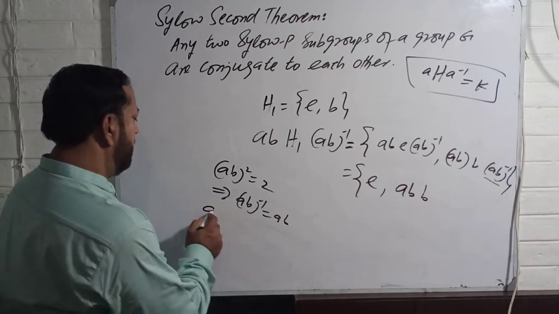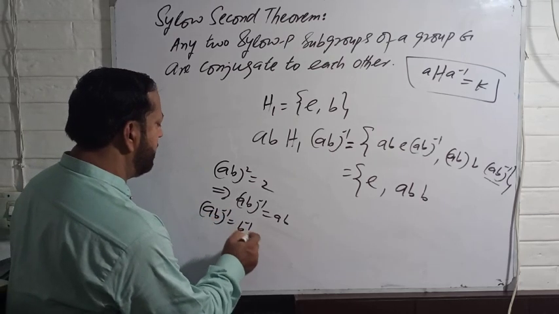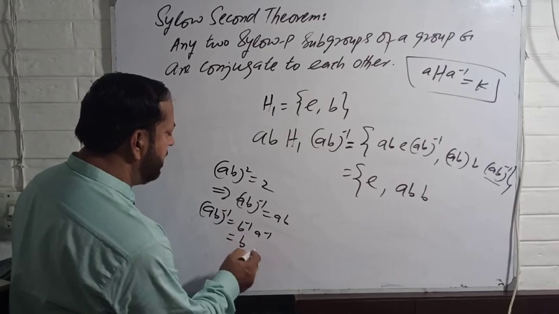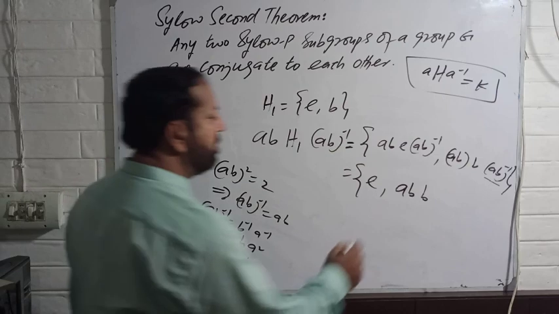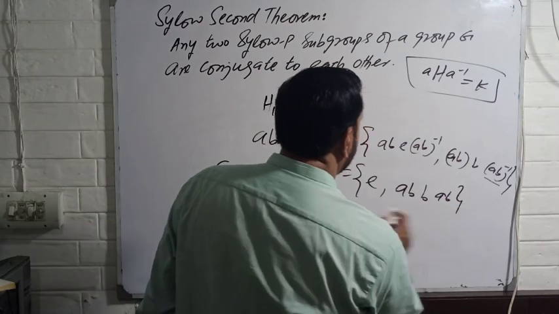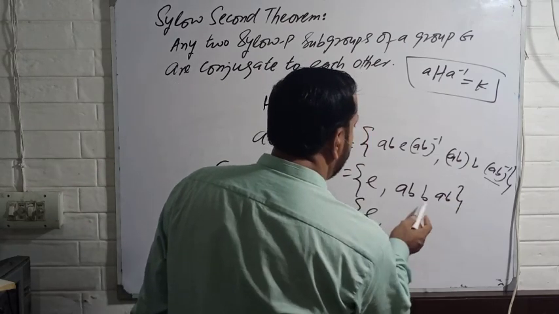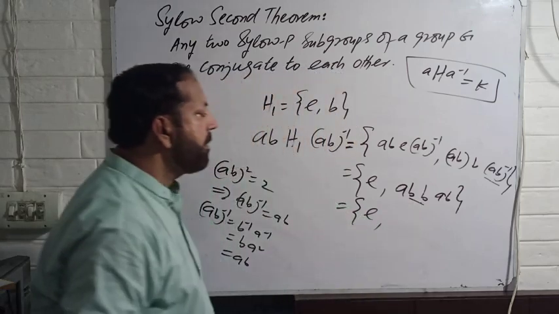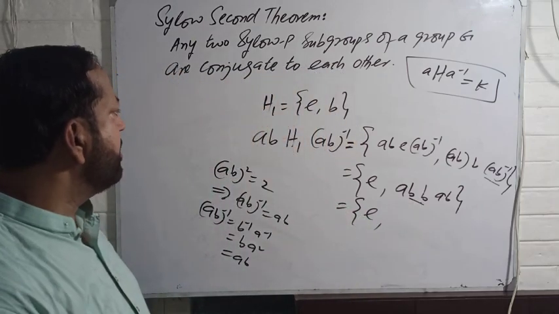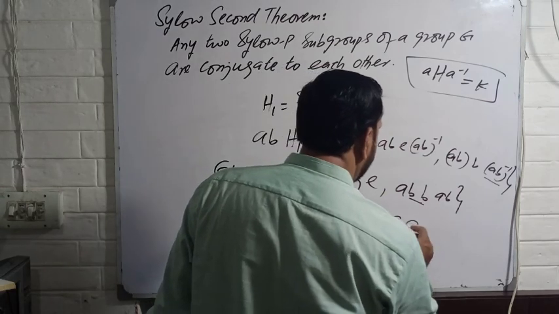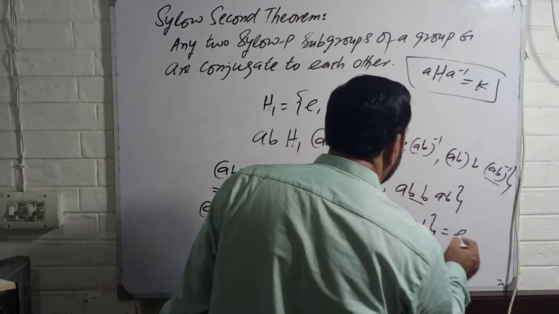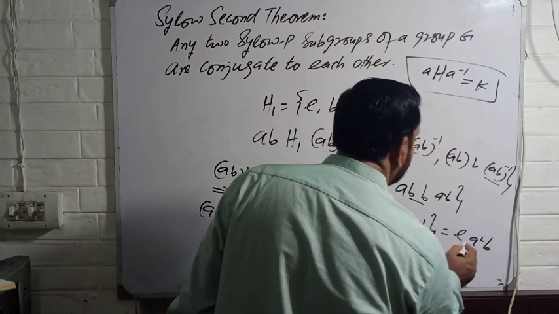Also you can check like this. (AB) inverse is equal to B inverse A inverse. You know, B inverse is B. This is A square, and B A square is equal to AB. Very easy. So this one is AB, this is A, B square is identity. So you are getting E, A square B. Right.